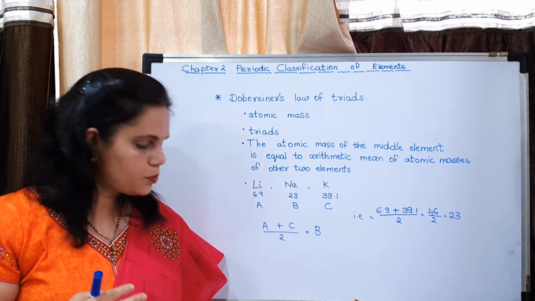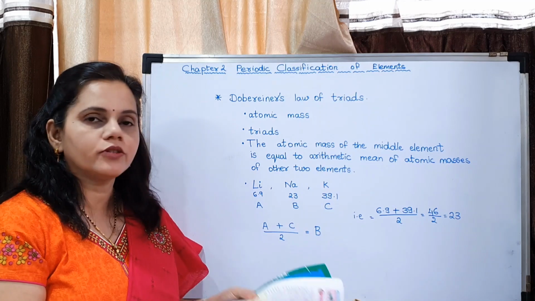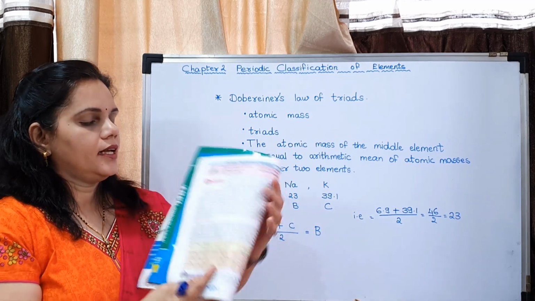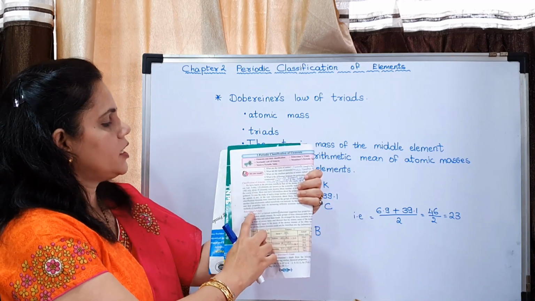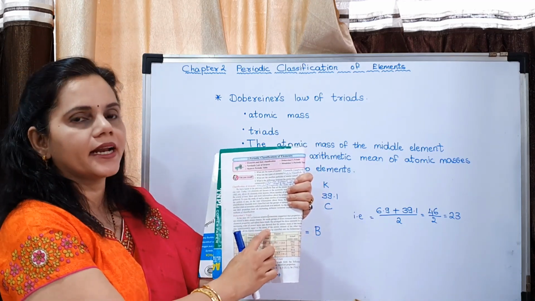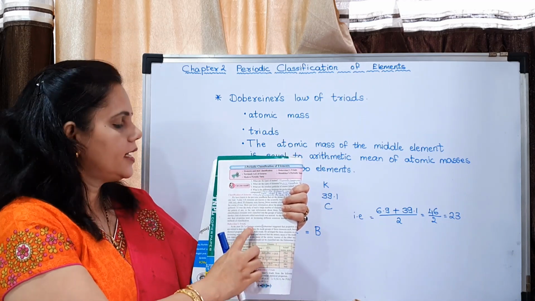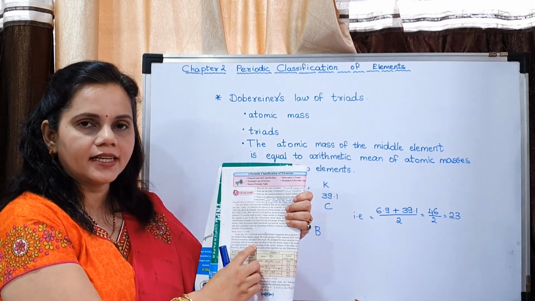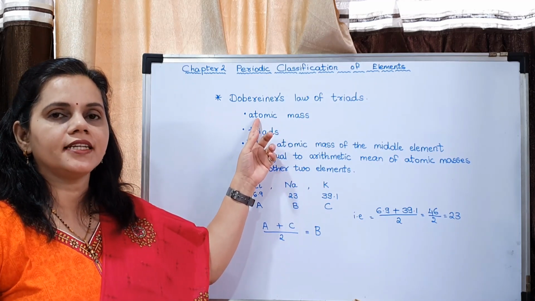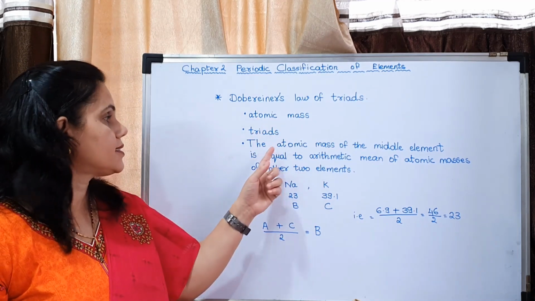Now in the textbook, how do you have to write it? I will show you how it is. Dobereiner's law, Dobereiner's triads. The complete paragraph is very important. In that paragraph, they have exactly given how he arranged the elements, that means in the increasing order of atomic mass.